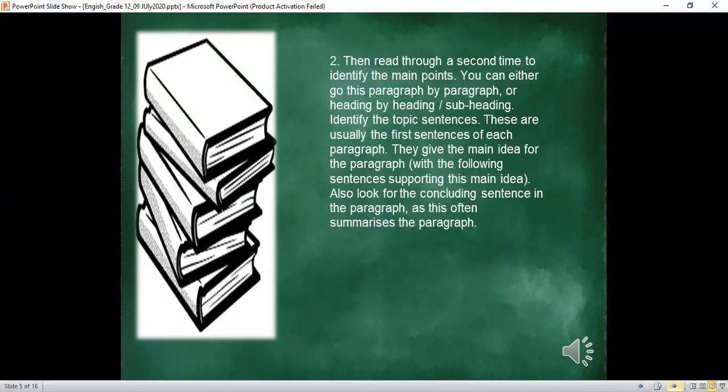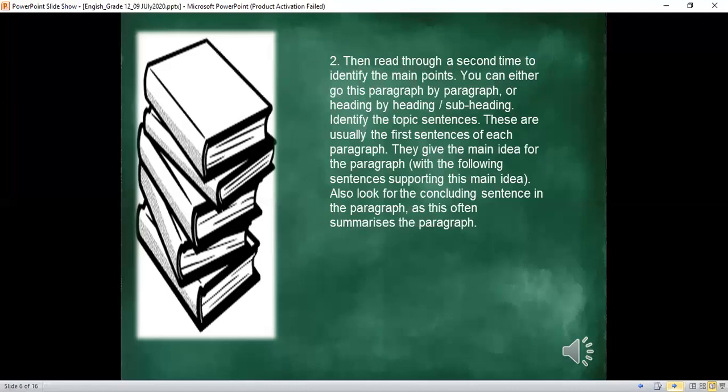You read again the second time. Now, you read through the second time to do what? Now you go there specifically and selectively to look for the main points. Remember, any message is driven by a series of points, so you look at those because that's where the message is contained.